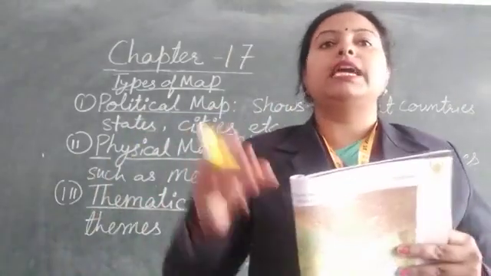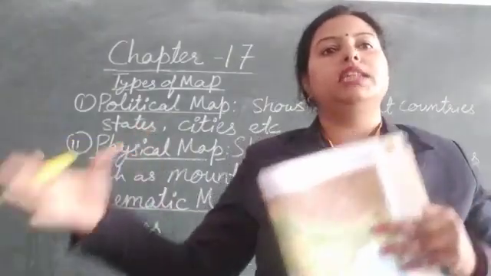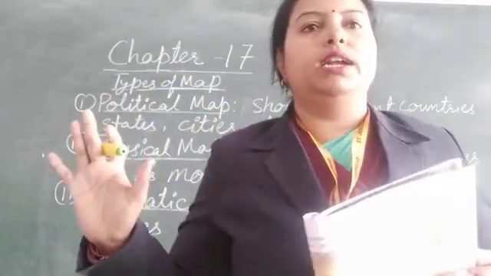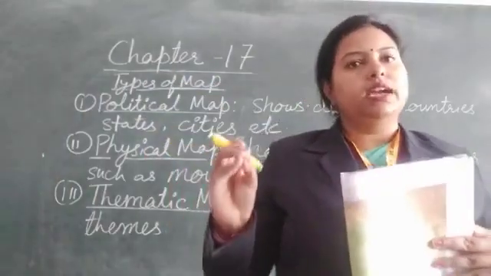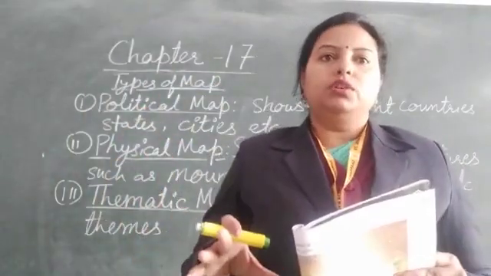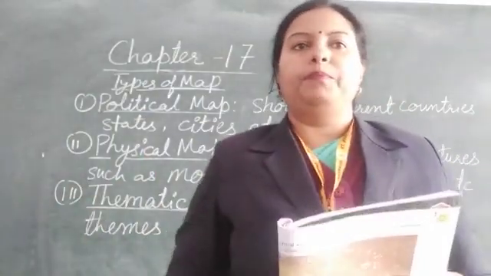Water bodies like oceans, seas, lakes, rivers, etc. are always shown in blue color. Light blue color is for showing shallow water, and dark blue shows the deep water.